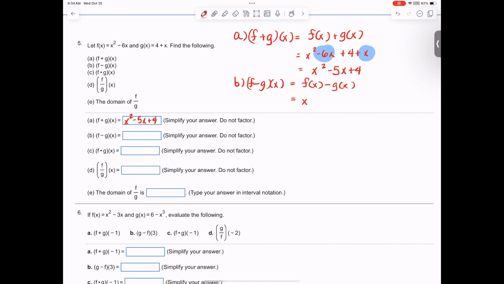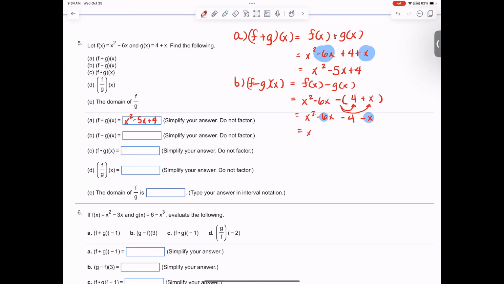So again, f of x is x squared minus 6x, and then I'm going to subtract, and I'm going to put g of x in parentheses, just so I make sure that I subtract the whole thing, 4 plus x. So when I subtract an algebraic expression, I distribute that negative across, so I get minus 4 minus x, and then again I have like terms. I have a minus 6x and a minus 1x.